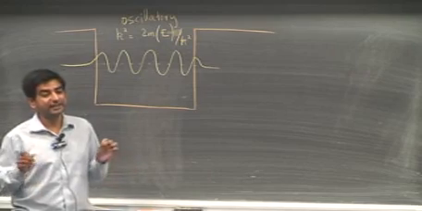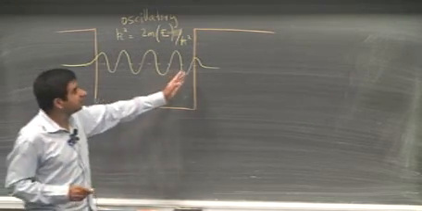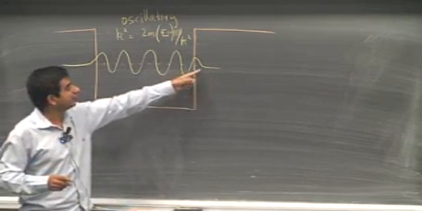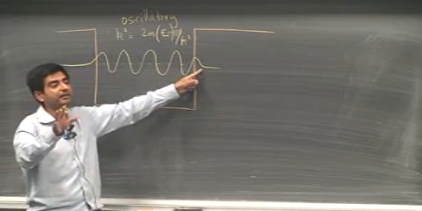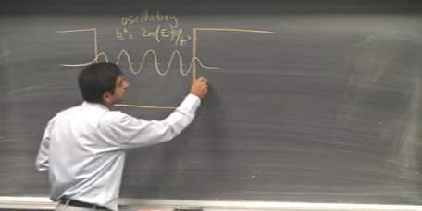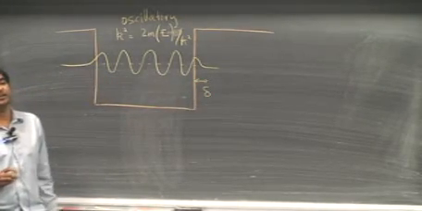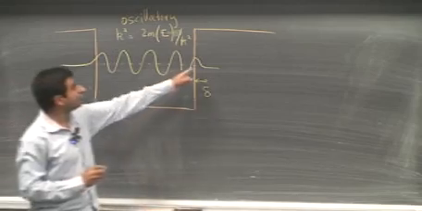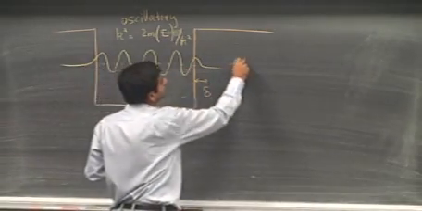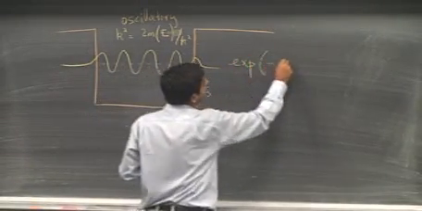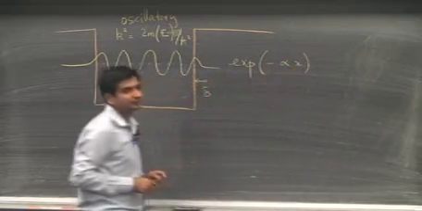Every region is accessible. So this leakage of the wave function into the classically forbidden region happens over a certain length scale, delta, which is called the penetration length. And if you look at the form of the wave function, it's exponent minus alpha x.